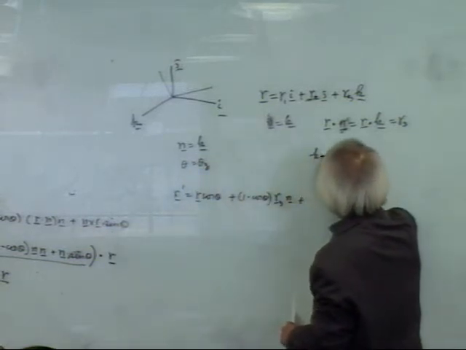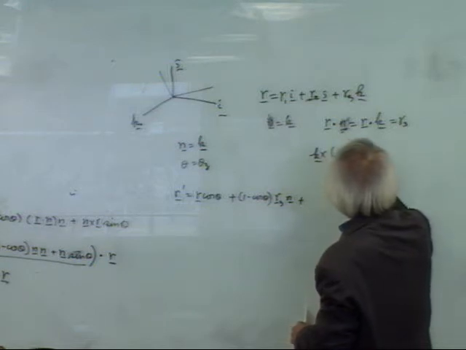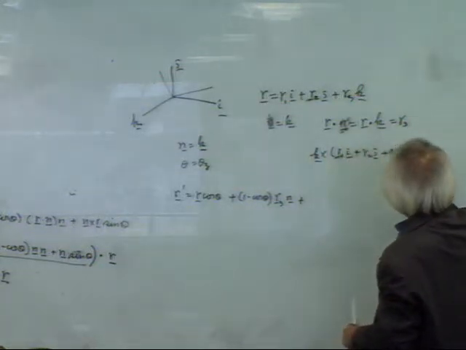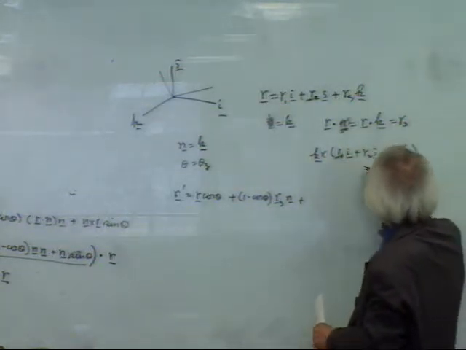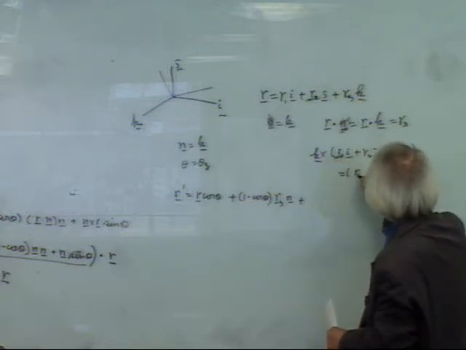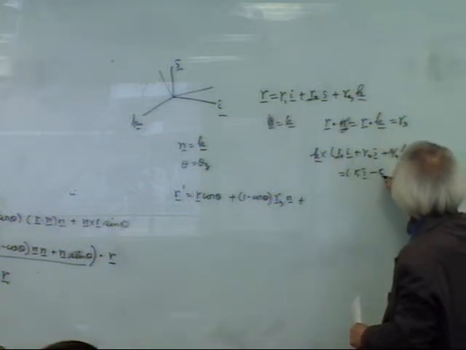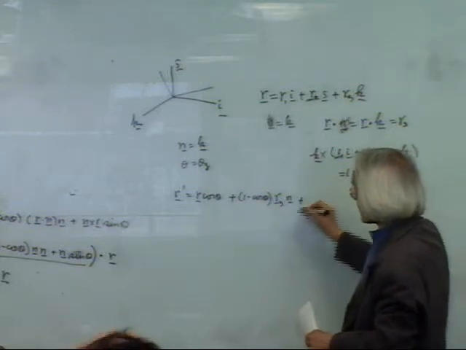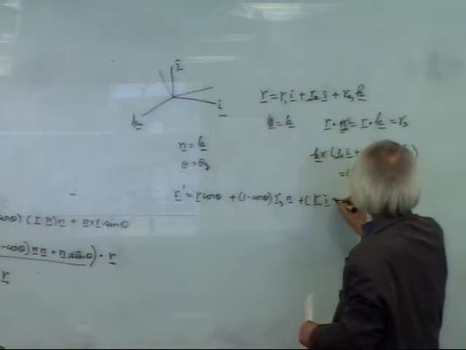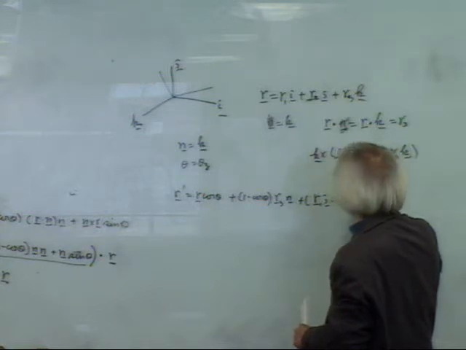Cross means K cross R1 I plus R2 J plus R3 K. When you cross, that disappears, K cross I is J, so R1 J. K cross J is minus I, R2 I. So this guy is R1 J minus R2 I. Okay?